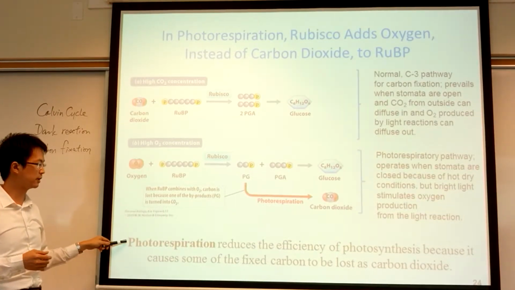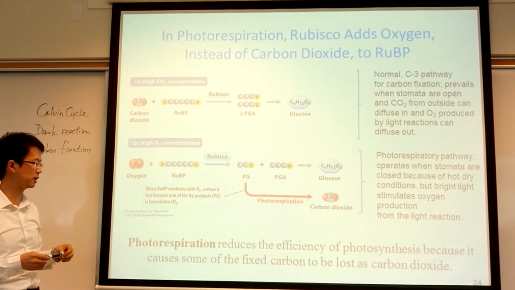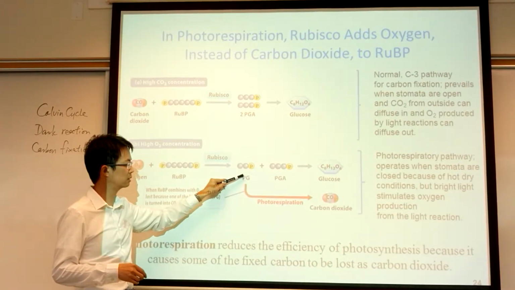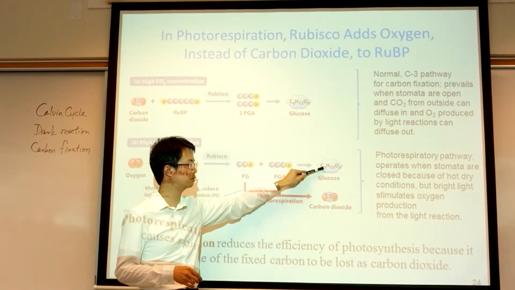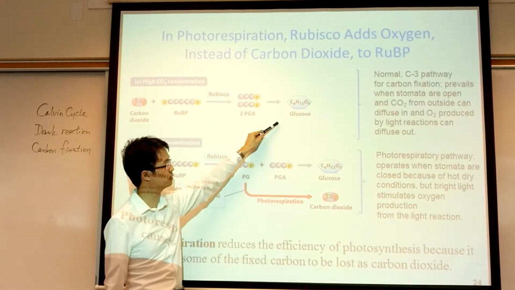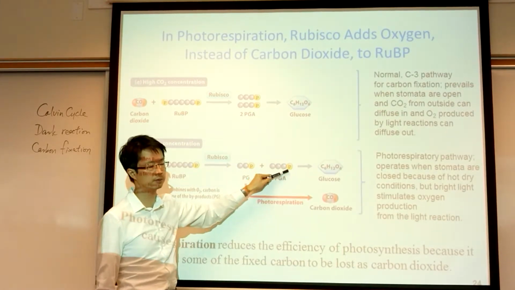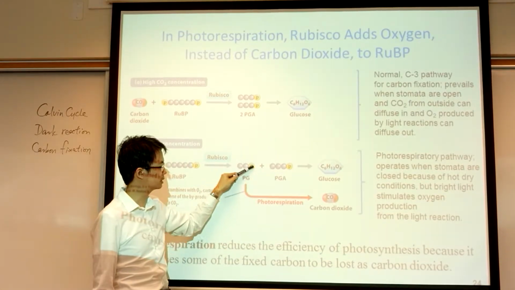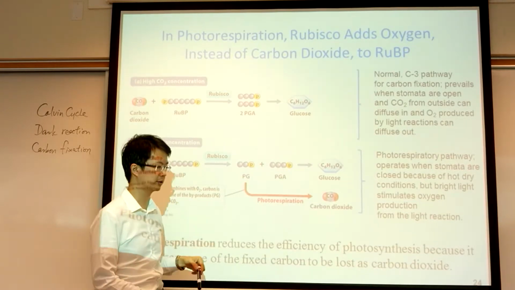Therefore, photorespiration reduces the efficiency of photosynthesis because they use part of the product to make carbon dioxide instead of glucose. Here, 2 PGA molecules make glucose, but here you only have 1 PGA molecule to make glucose. So it is less efficient because they use the other molecule to make carbon dioxide.